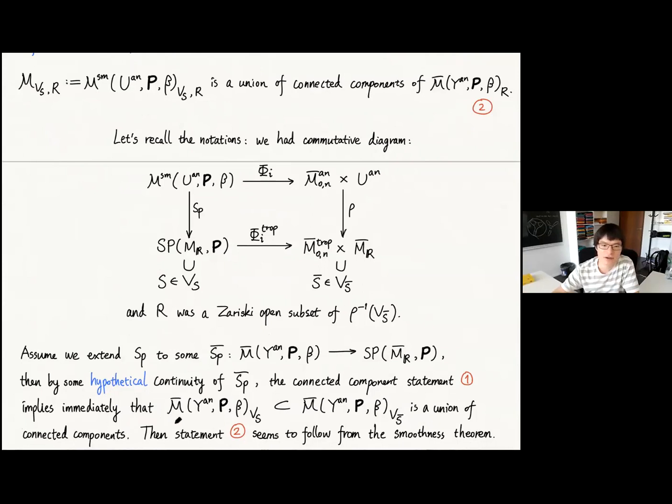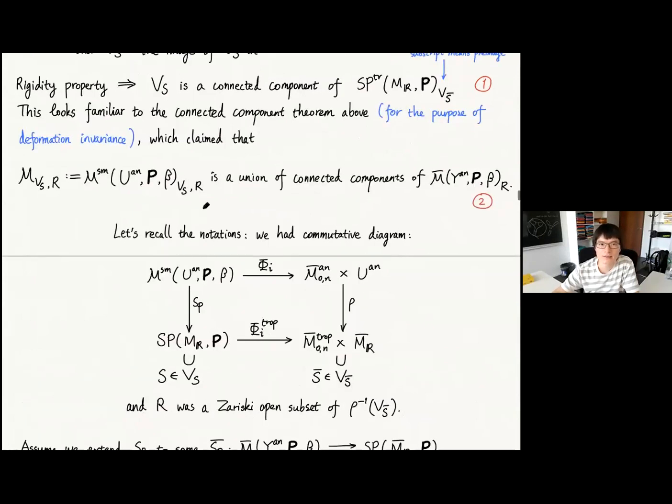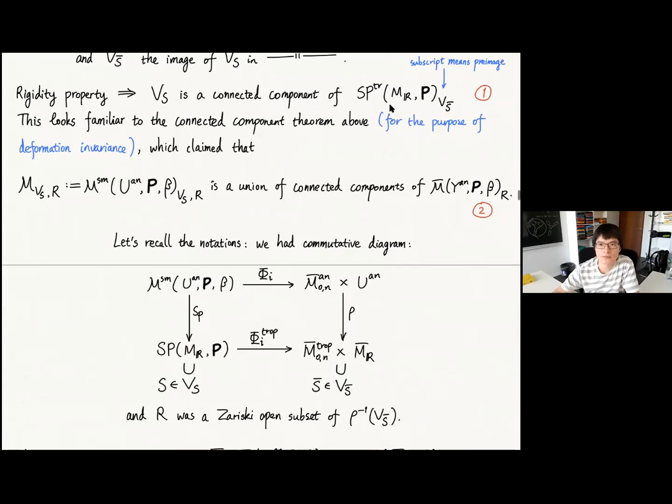It just follows from this continuity of SP bar and this connected component statement 1.